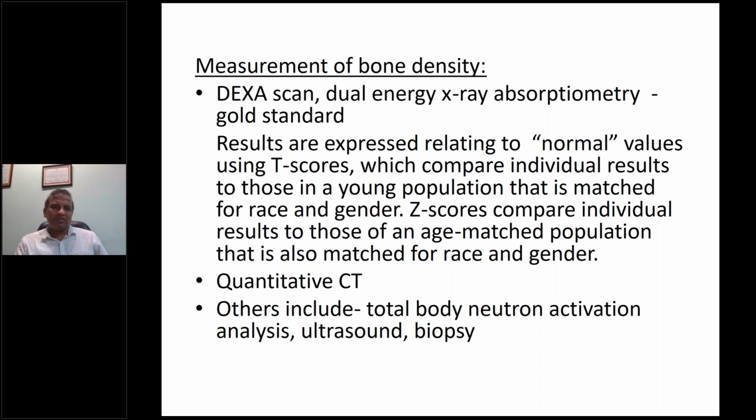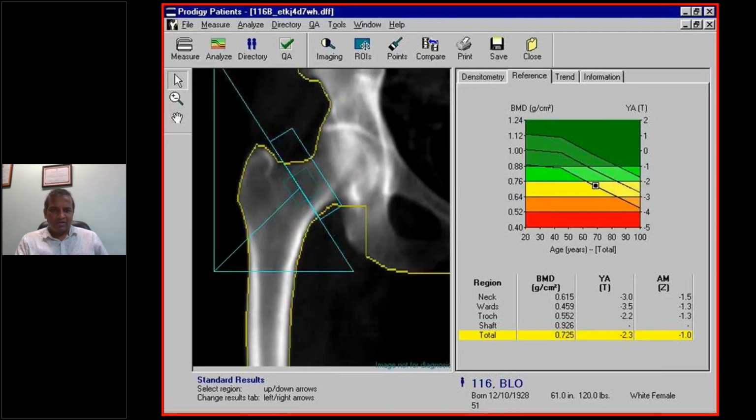This is how a DEXA scan picture comes. From the area of the neck, you can see the mark has been given. From that area, they have measured the BMD. This is Ward's triangle, this is trochanter, and this is shaft. They have taken an average, and the average is minus 2.3.